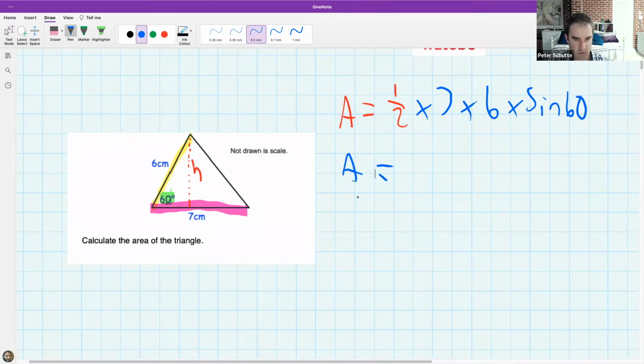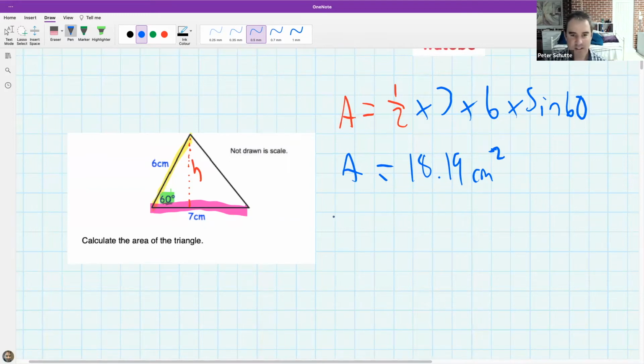And depending on if we round off to 1 decimal place or 2, you should get 18.19 centimeters squared.